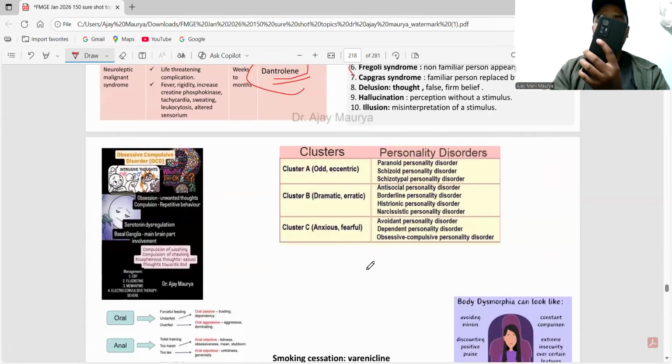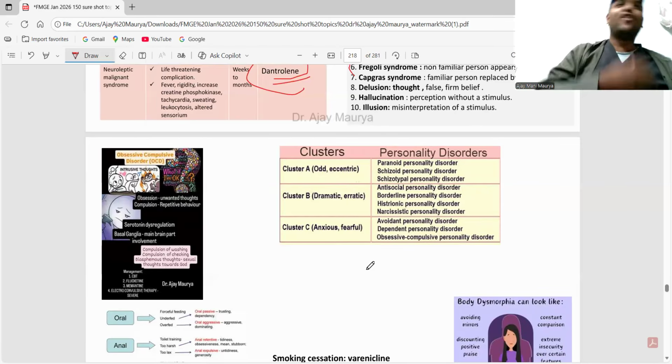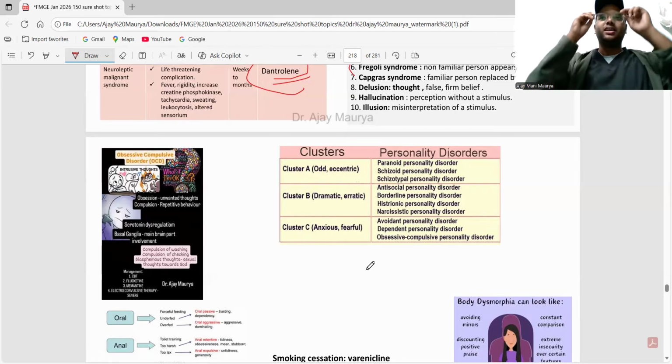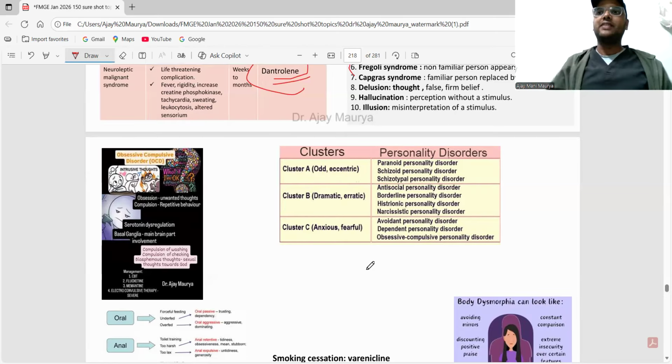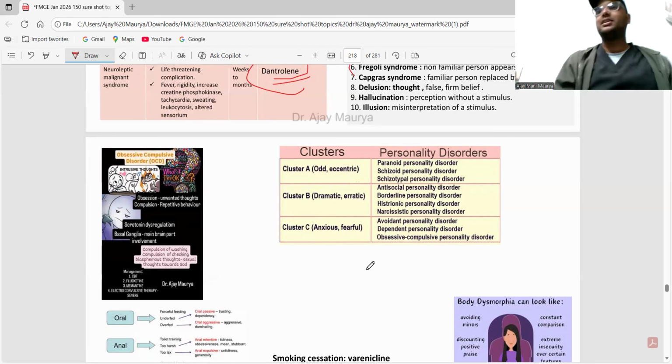Next one, coming to OCD. I think everyone knows OCD. You know, one of my friends is suffering from OCD. I called him and he was telling me all the symptoms. He is always checking himself whether he did all the assignments well or not.